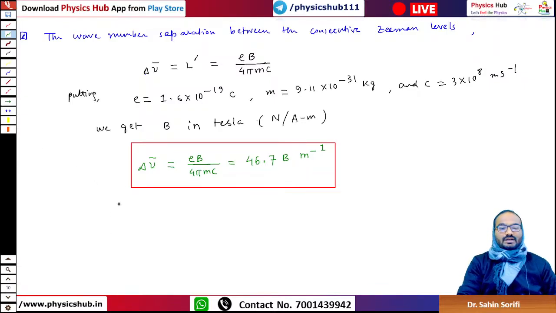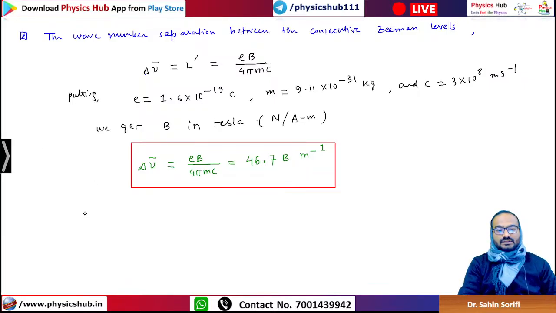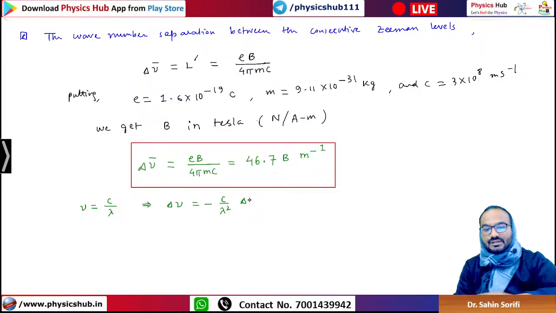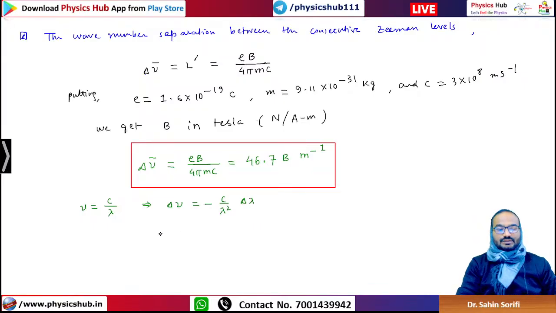Now let me tell you another thing which will be helpful in dealing with problems. You know that nu is equal to C upon lambda. So we can say delta nu is equal to minus C by lambda square times delta lambda. Sometimes the wavelength separation is given to you in the question. In that scenario, you can use this formula. If we talk about the magnitude, we can ignore the negative sign.